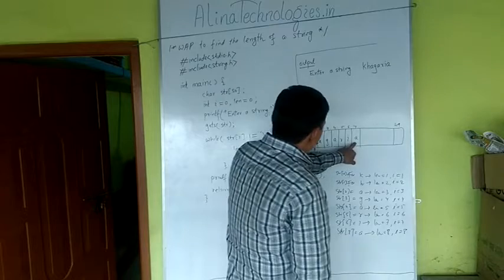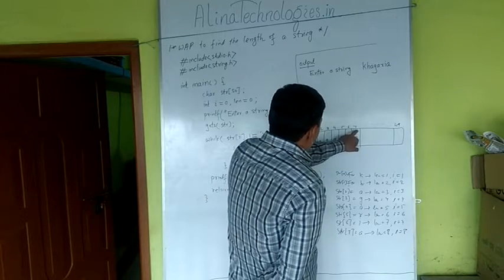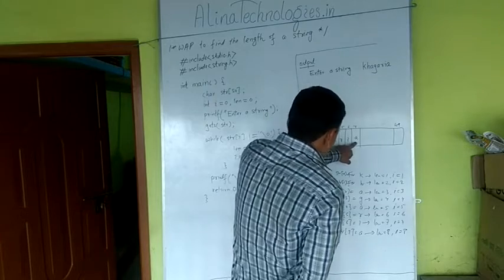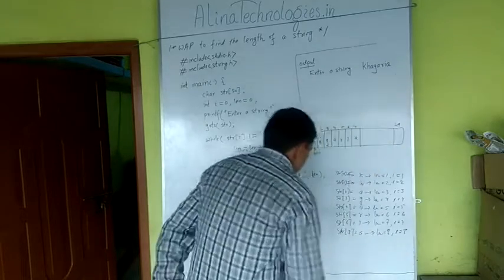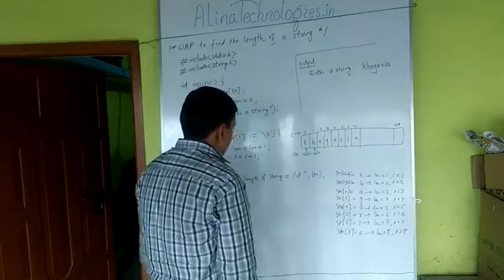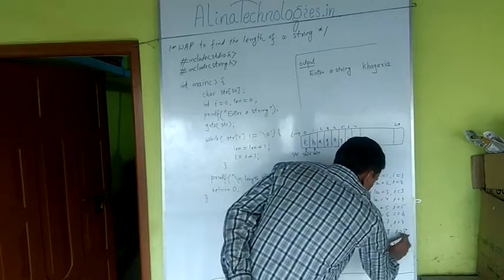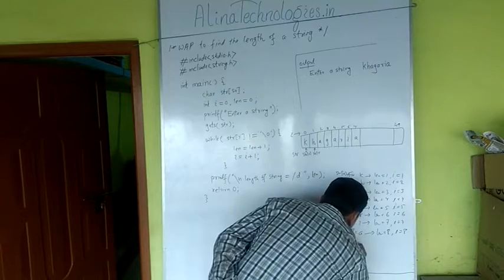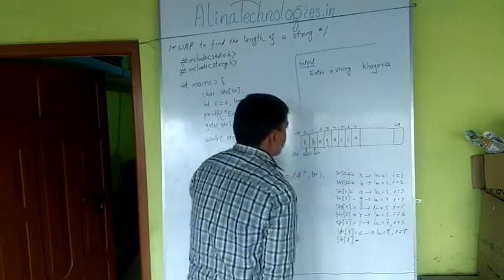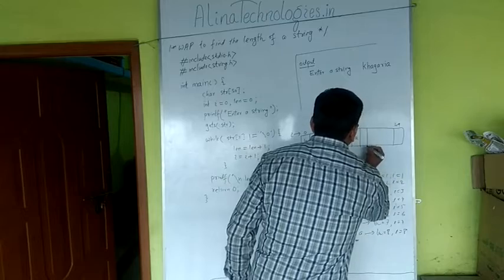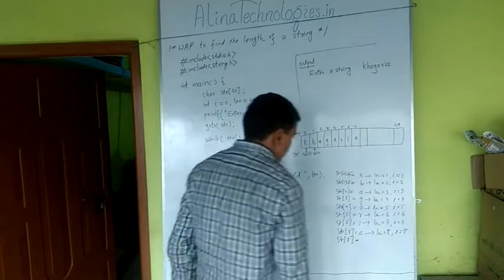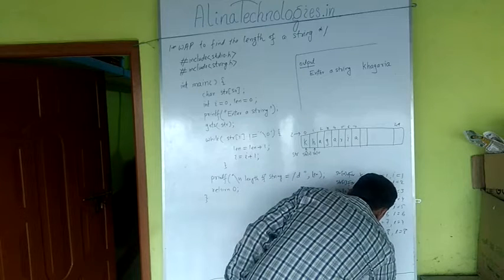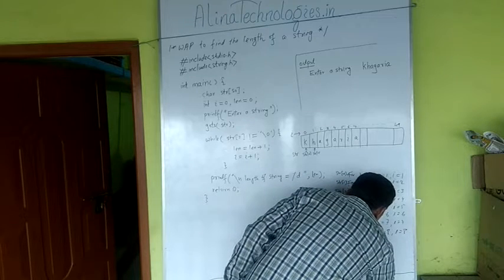If we look at the last, index 7, the value is A. Now the value at index 8, str of 8, is blank, meaning the null character, backslash 0.